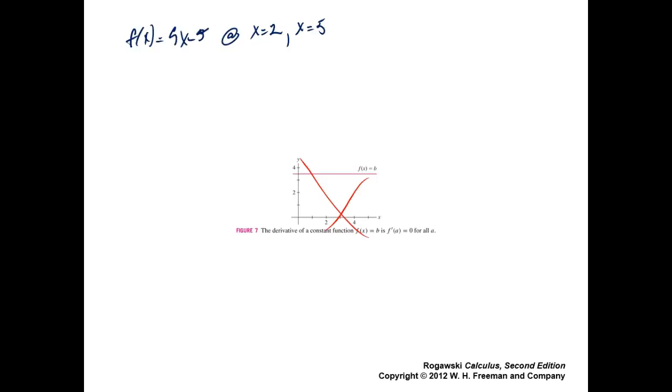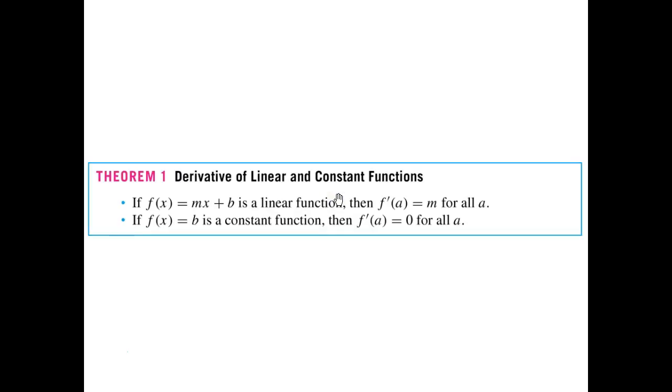Now, just a little bit of review and reflection here. There was the last thing we did. I'll emphasize this again. If f of x is what kind of function?